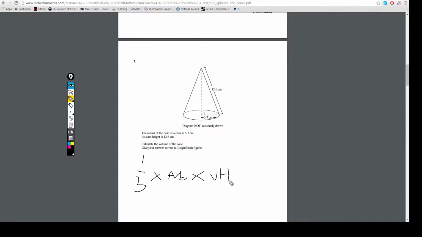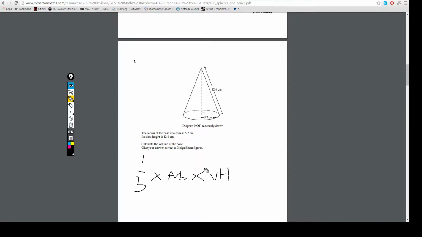Okay, so what you're going to have to do here is we've got our slanted height, and we've got our radius. Okay, so this is great. We imagine this as, and it's also got a right angle triangle right here.